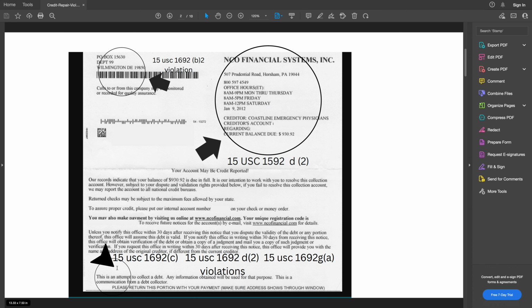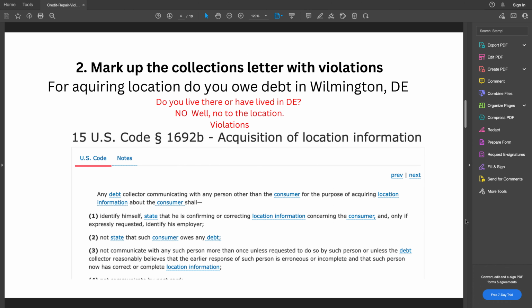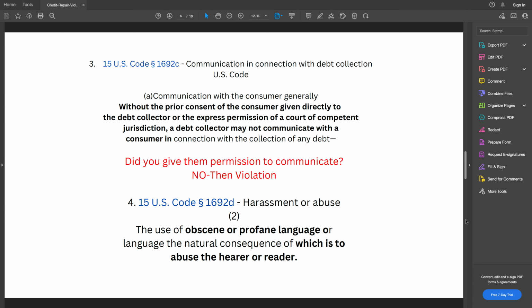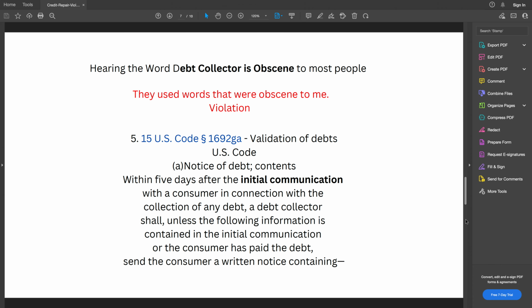That's kind of harassing me, so you can circle that and put the violation there. That's what most of these are: the prior consent, and the way they're talking to you. I did put that on each one here. The location, I showed you that one. The prior consent, the harassing talk.